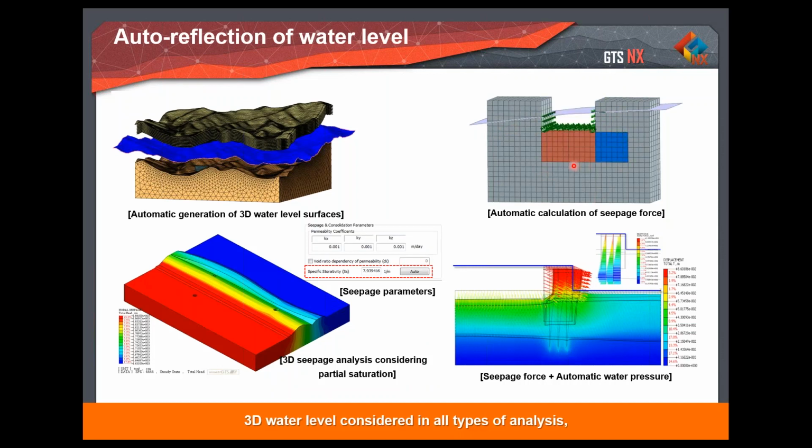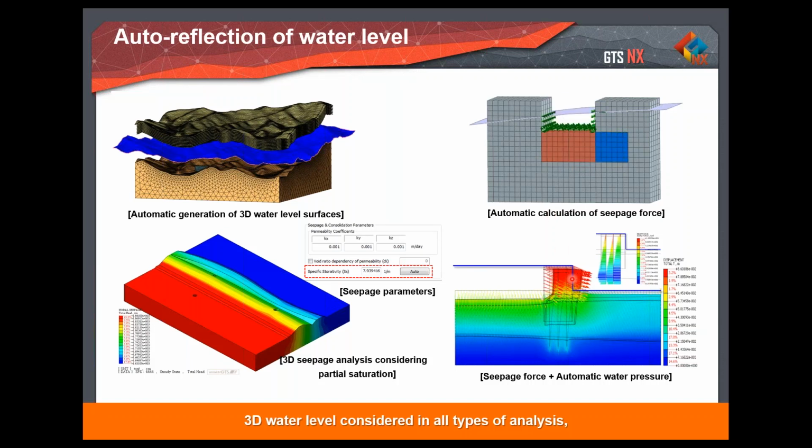What we basically do is calculate all the forces manually and apply them on the walls. But in GTS NX, when you enable the option called automatic consideration of water pressure, the software automatically calculates the pressure and applies it on the walls wherever there is an opening underneath your water level. So it will be applied automatically.